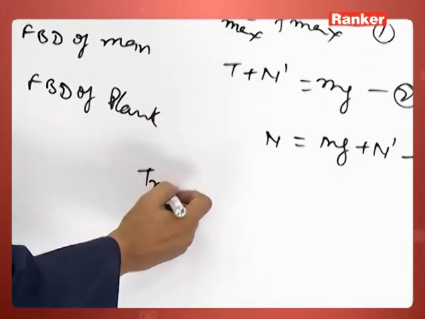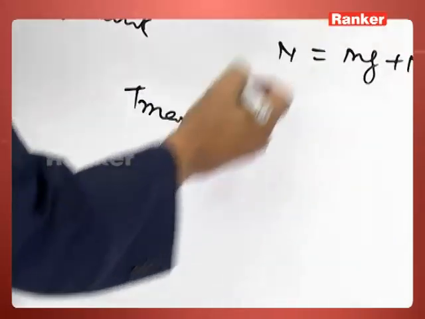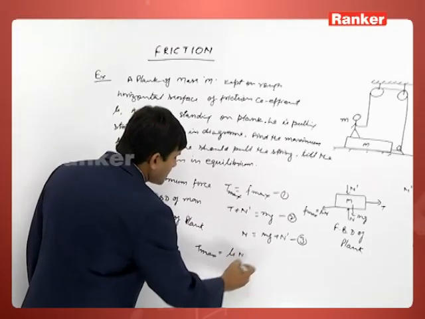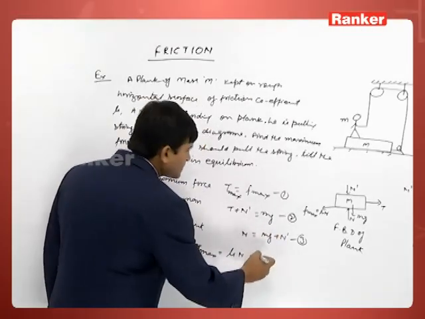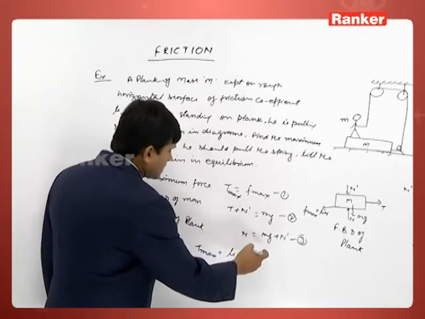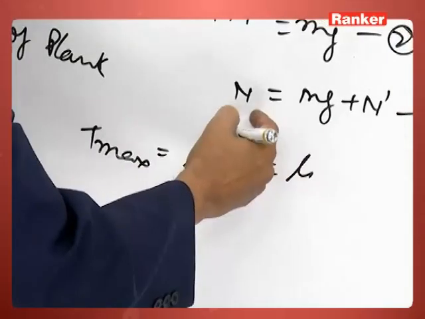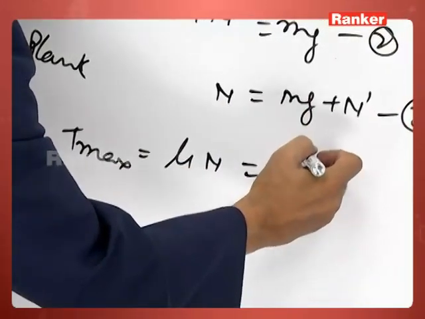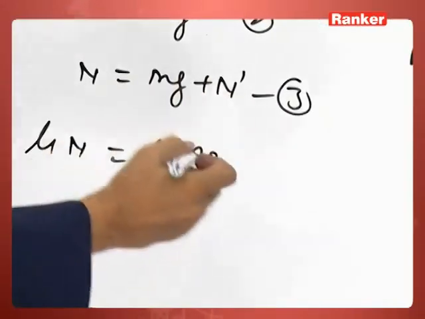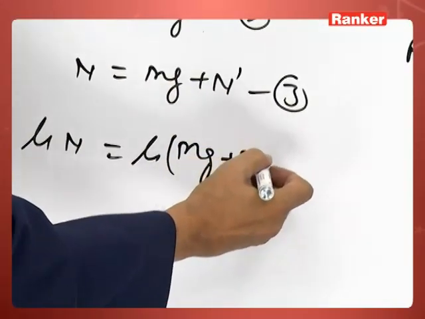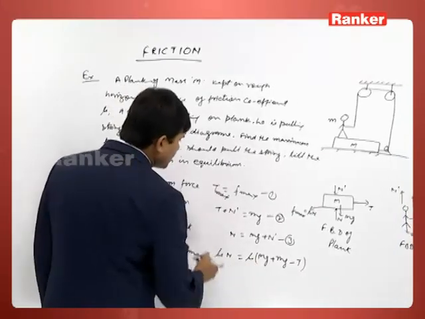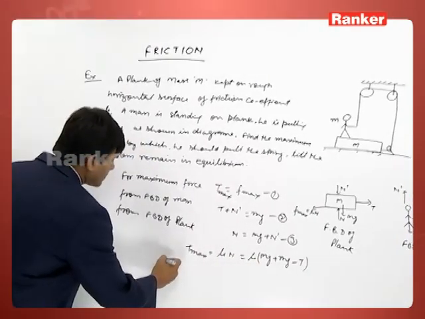So T maximum is equal to F max, and F max is mu into N. This N can be written as, from here, mu times (Mg plus N dash), and N dash further we can write as mg minus T. This T and this T will be the same.